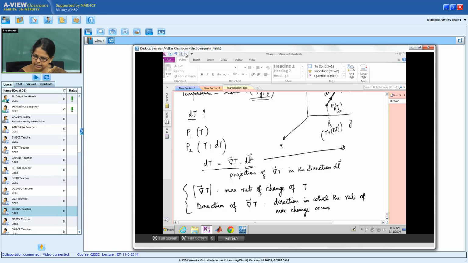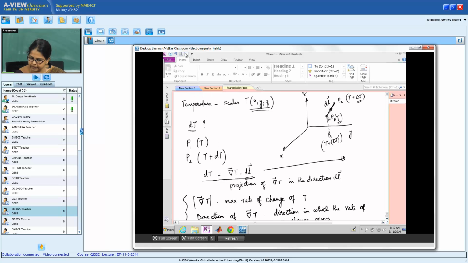you see, del T is a vector which could be in this direction, or in another direction, right?